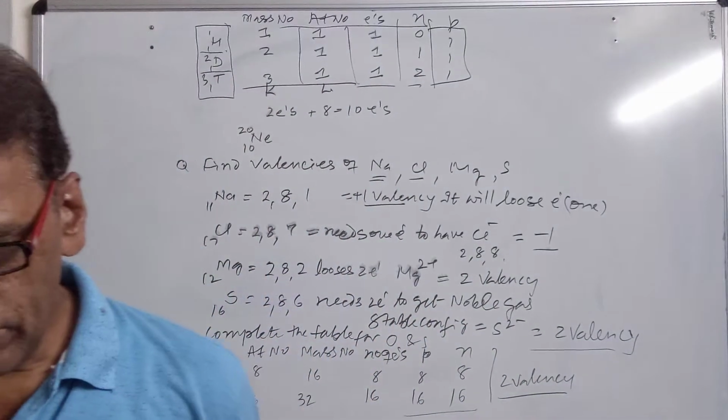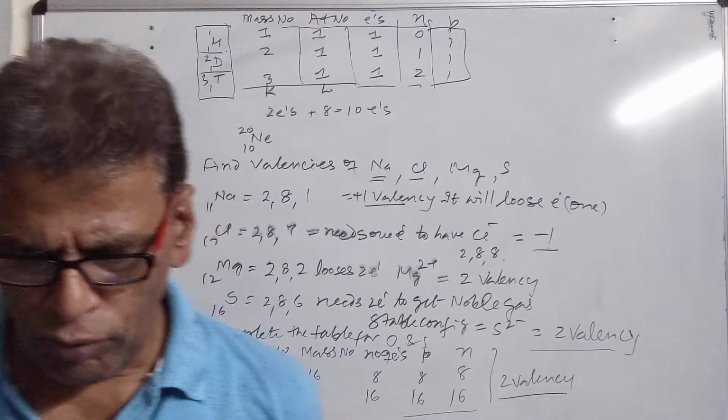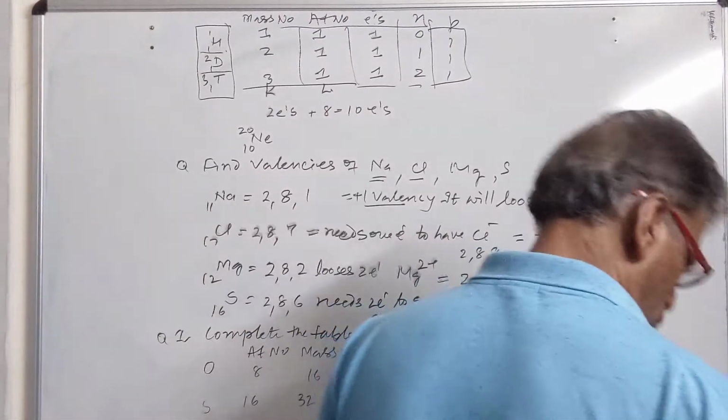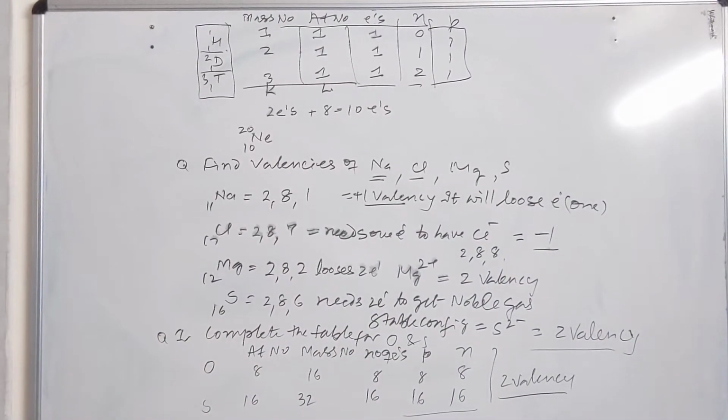Then write the electronic configuration of any pair of isotopes and isobars. So we will be doing this question. First let us grab it.